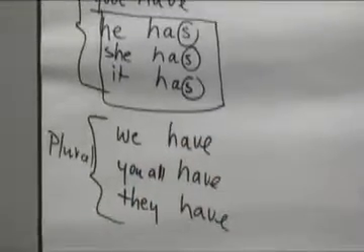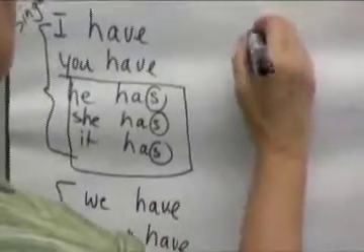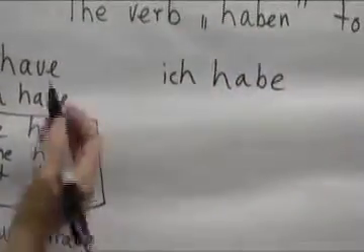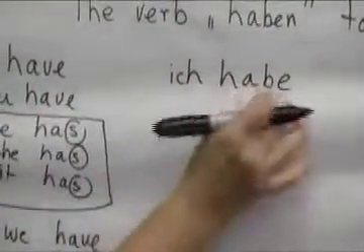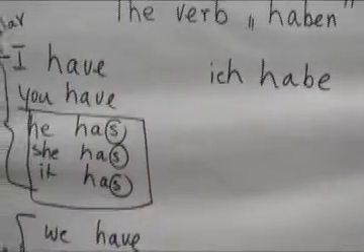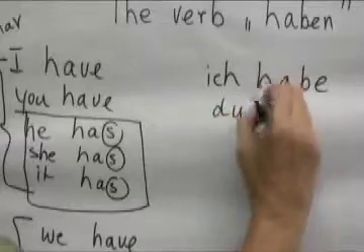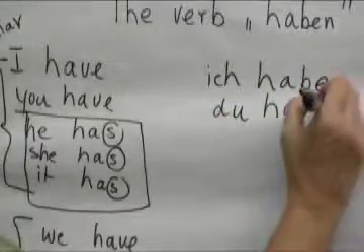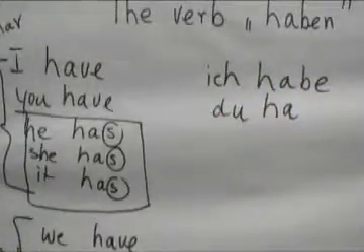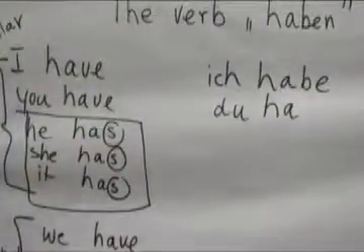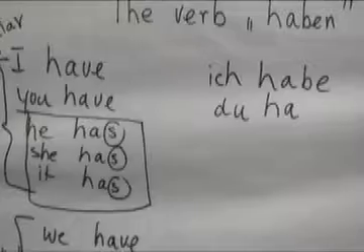Now let's look at what German does. Okay. Ich habe, there we go, almost like, see, habe. You see the resemblance between English and German again. Now, du, what do we do now? Here, we have to do a change in the German verb.